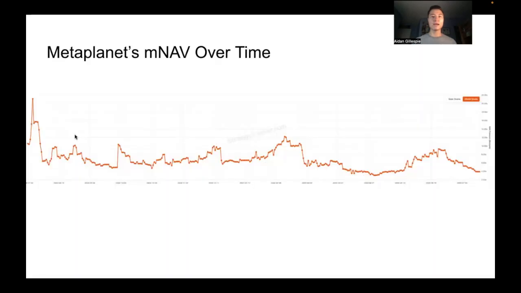Now to create my models, I largely used this chart here, which goes through Metaplanet's MNAV over time. With this chart, I can see some trends. What I'm noticing is that the MNAV right over here starts really high. It creates a U formation and then creates a smaller peak.